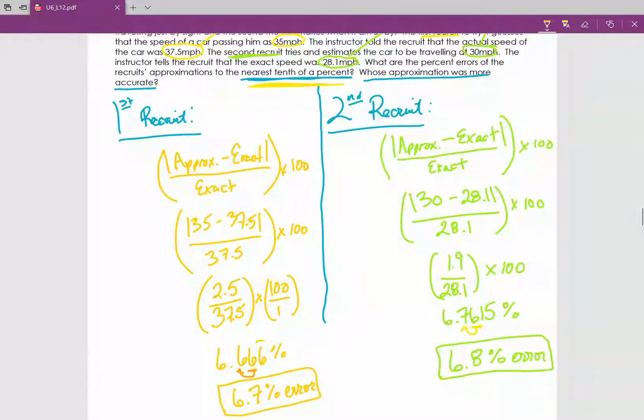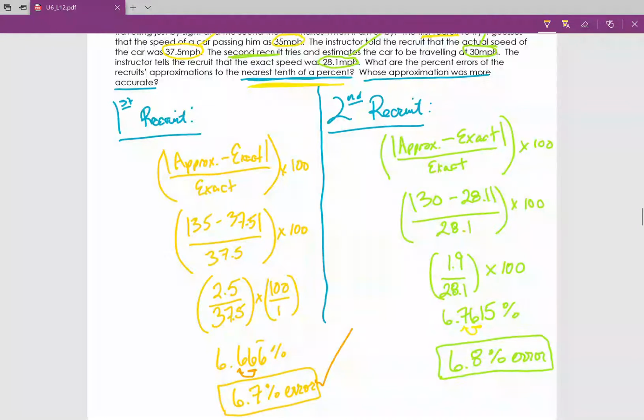So who's more accurate? If the second recruit's error is bigger, that means they made a bigger mistake. So our first recruit, since it's smaller, is going to represent a more accurate approximation. You want a smaller percent error.